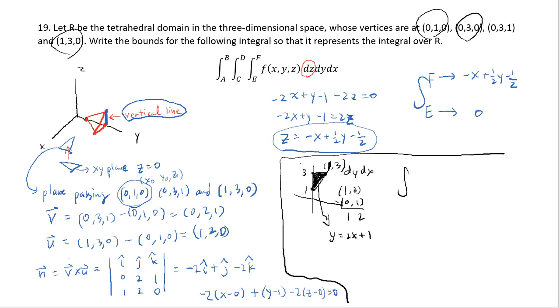Therefore, when you have c to d, c is 2x plus 1 because you start from this bottom line, and at d it's y equals 3. And finally, from a to b, you just put the minimum and maximum values of x. Minimum value of x is 0, maximum value of x is 1.